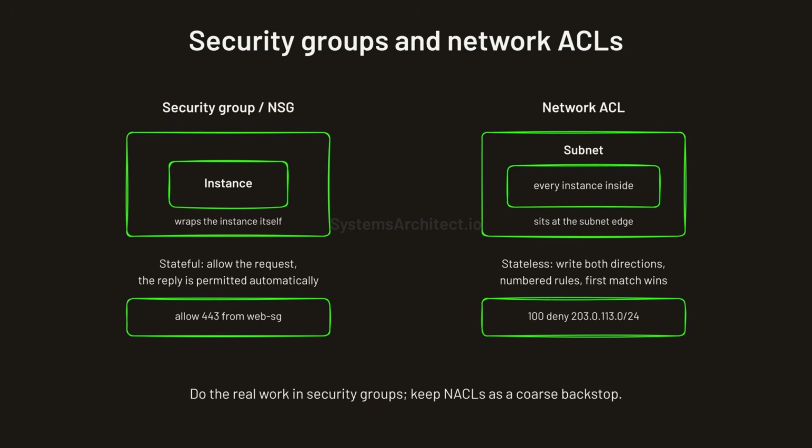Network access control lists sit at the subnet edge. They are stateless, and they evaluate rules in numbered order. Do the real work in security groups. Reference one group from another rather than hard-coding addresses. Keep network access control lists as a coarse backstop for blocking whole ranges.